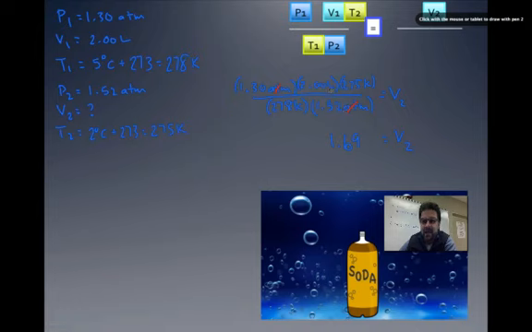My L's, I see one here, but I don't see anything on the bottom, so I have to leave it. But I do see a K here, a Kelvin, and a Kelvin underneath the division line. Those divide out. So what we're left with then is just the one non-crossed out unit of liter, and that's going to be the unit we add to our answer. So we have 1.69 liters as a final answer.